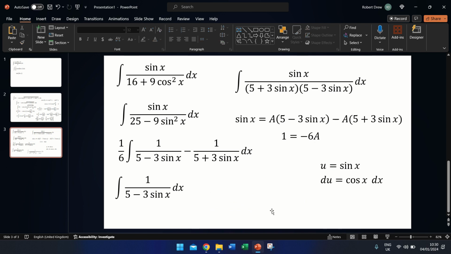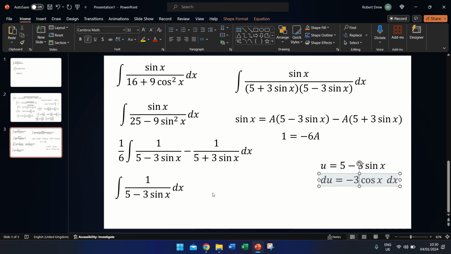However, it's making me think maybe there are interesting ways around this. What if you did this sort of thing? Because this minus 3 obviously is fluff, it doesn't matter. You could replace all of this, therefore, with u. And then you'd end up with a minus 1/3, which doesn't make a difference. And then you're still dividing by cos of x. Now, cos of x is slightly more confusing in this case, isn't it?